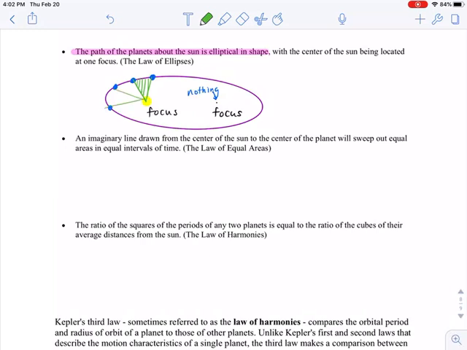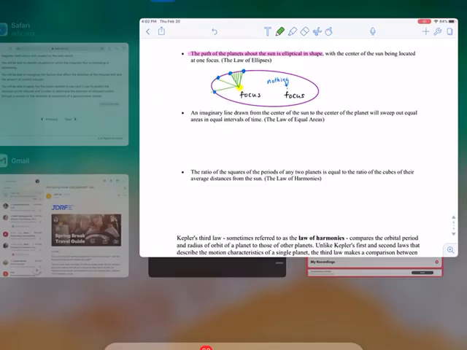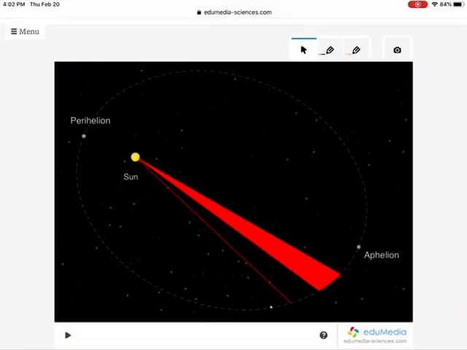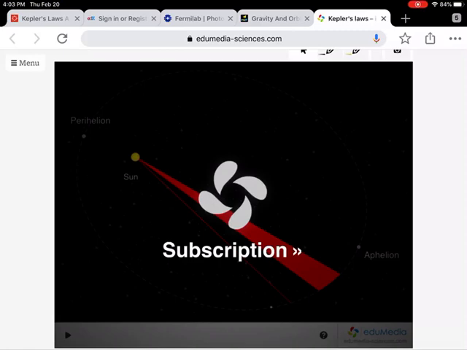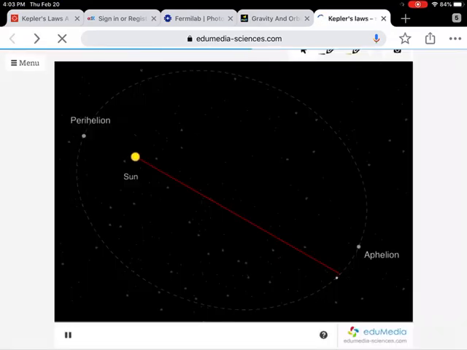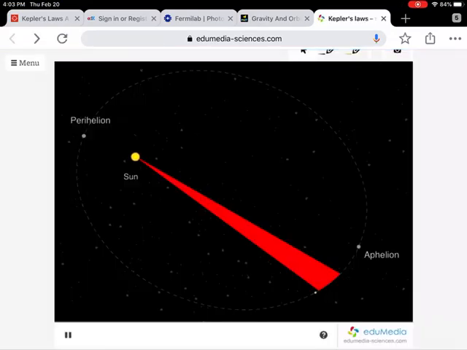So I think this is best viewed in an animation. So I'm going to click over to one of the animations that's available on Canvas. Oh, it wants me to have, let me try this again. Here we go.